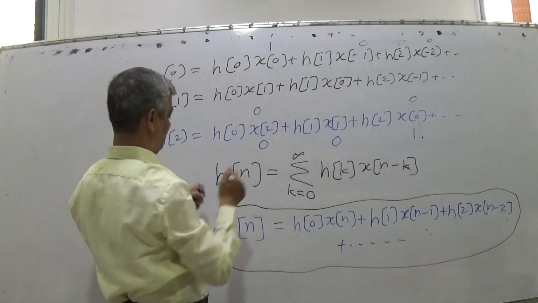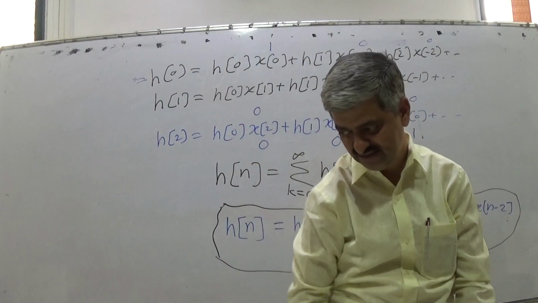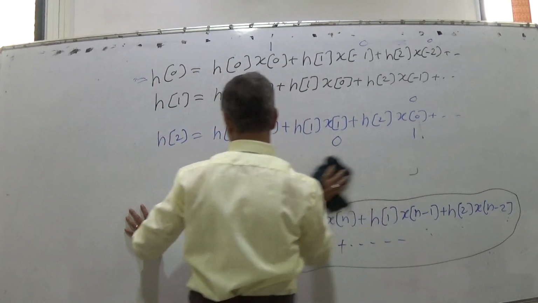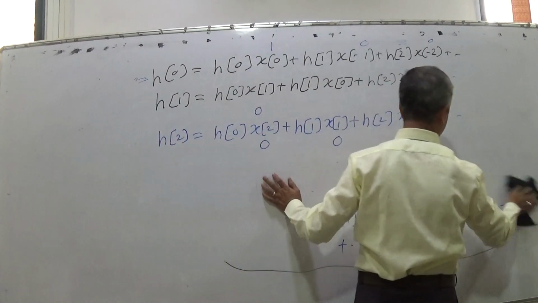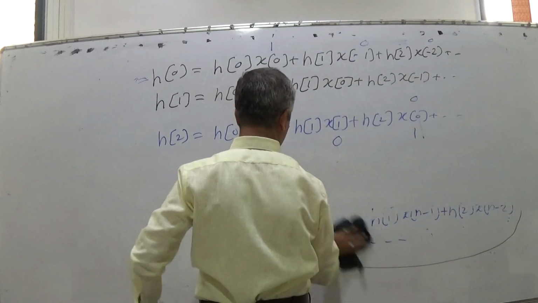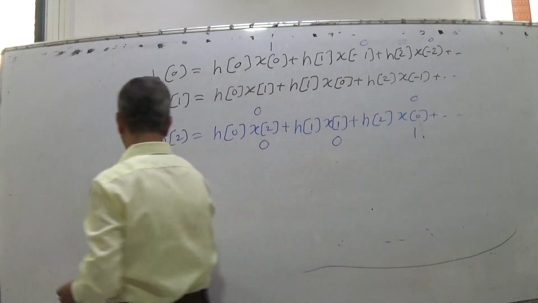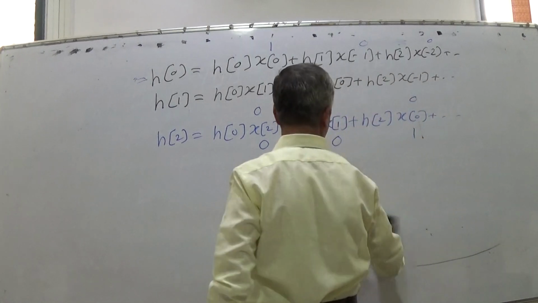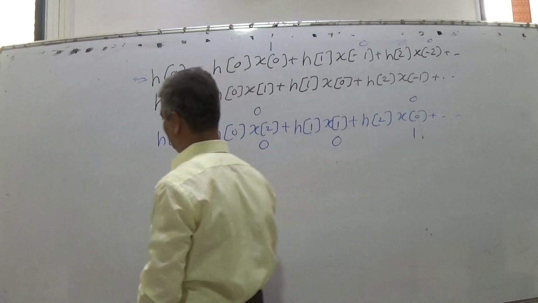Then both will match. So in general, I have a special sequence, which is called the unit impulse sequence in the discrete domain. We might have discussed the Laplace transform, you might have seen delta t, where delta t is equal to infinity at t equal to 0 and 0 elsewhere.